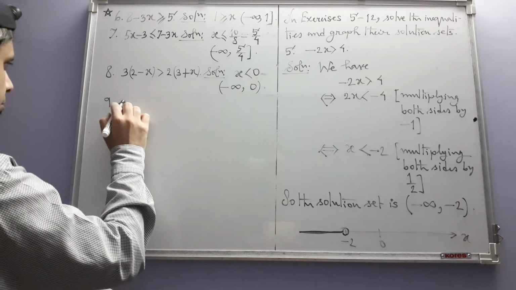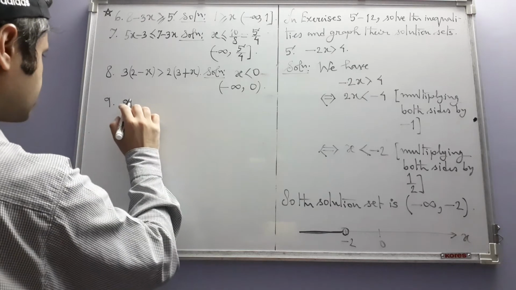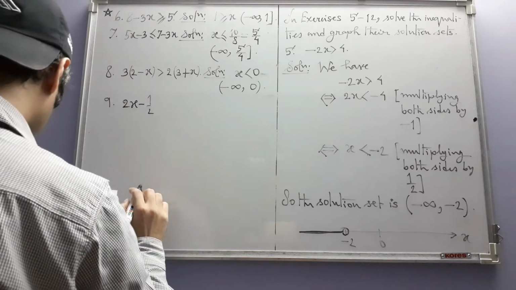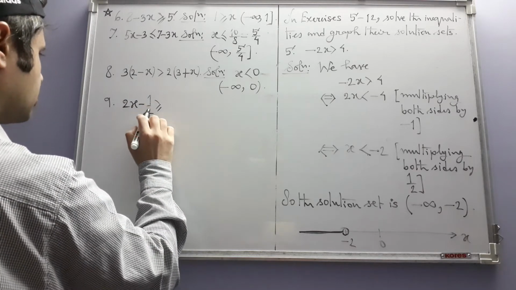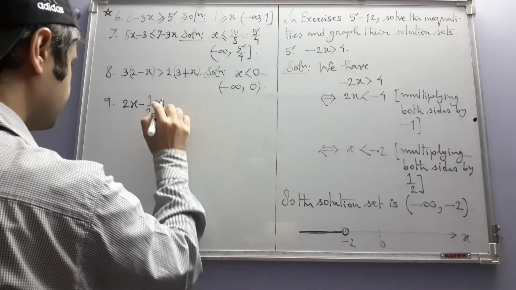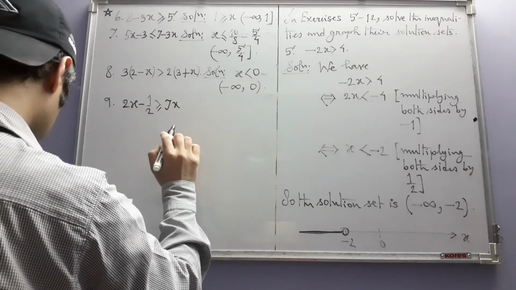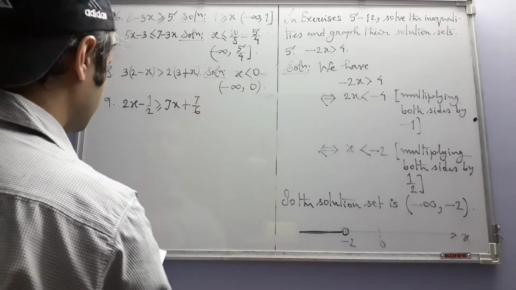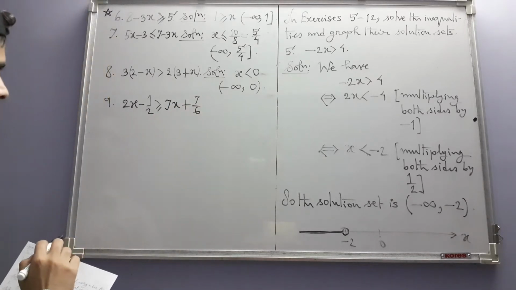Then the next one, 2x minus 1 upon 2 is greater than or equal to 7x plus 7 divided by 6. Okay.